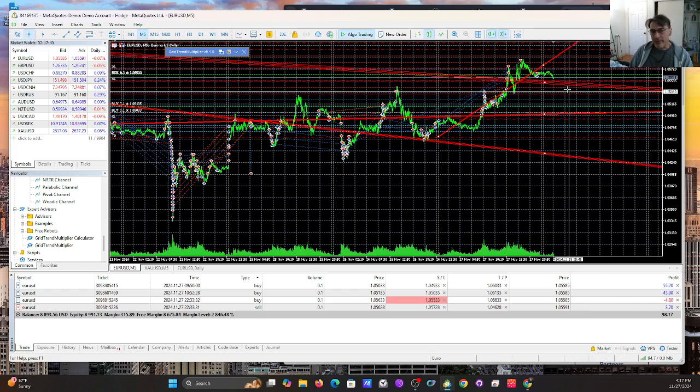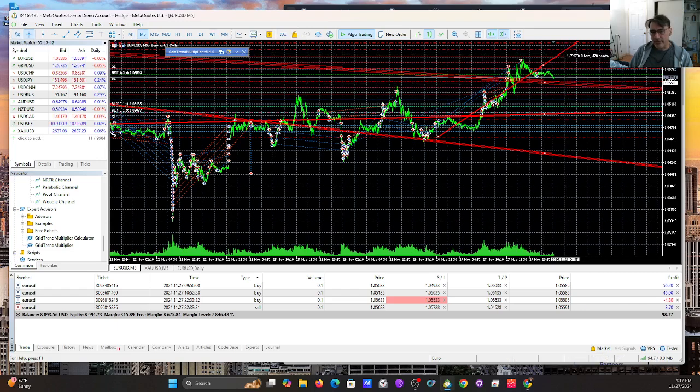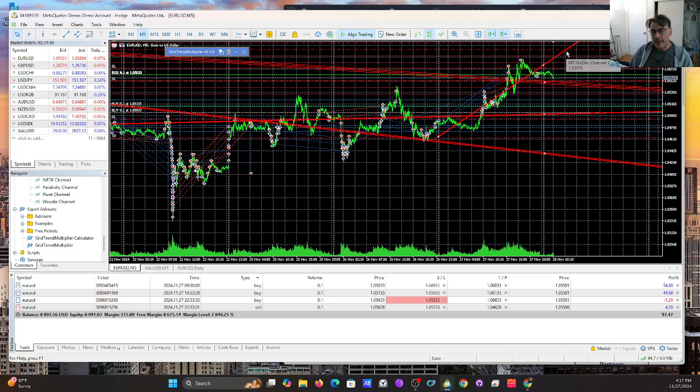But at this point right here, by this time, which is about 5 a.m., this is a 50 pip range, and this is a 47 pip range, which means that this becomes favorable as a target, and this as a reward zone.